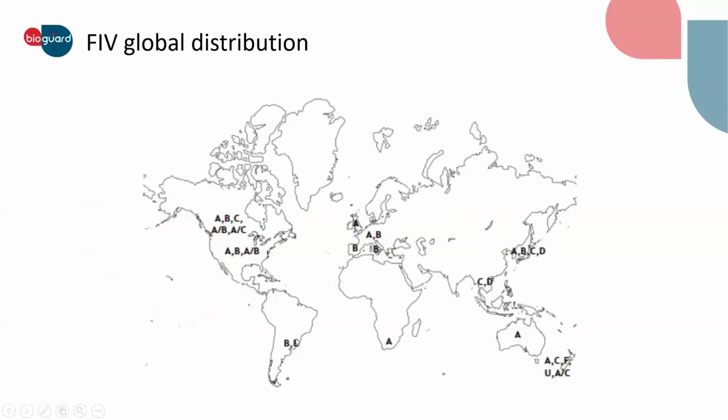In South America, classes B and E; in Europe, A, B; in Japan, A, B, C, D; in Thailand, C; in Vietnam, D; in Australia, class A; and in New Zealand, A, C, and F. Even combinations of AC and a special clade have also been reported.